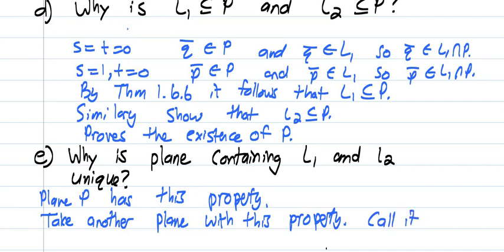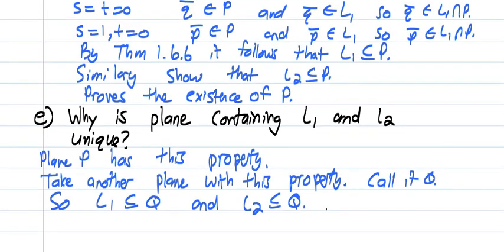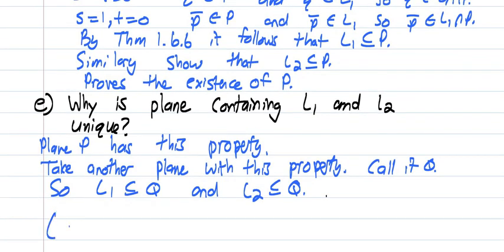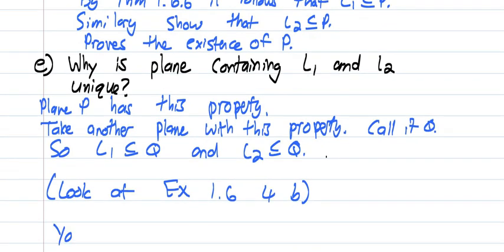Call it Q. So line 1 sits in Q and line 2 sits in Q. All right? And I'm going to leave it for you. If you get stuck, look at an exercise in the textbook. Have a look at exercise 1.4 4b, and somehow you can deduce.